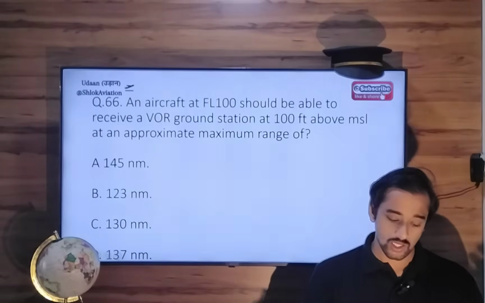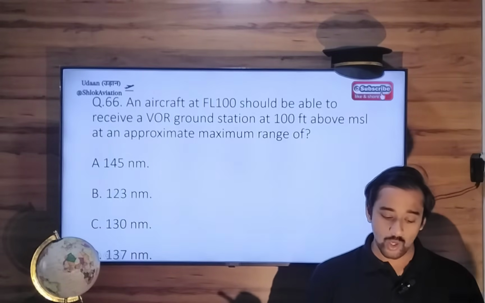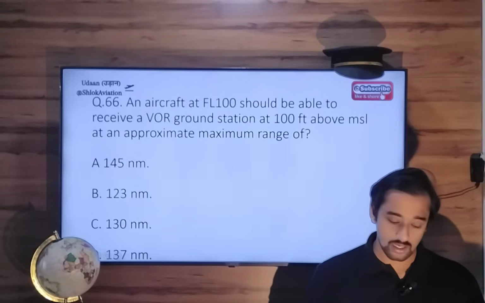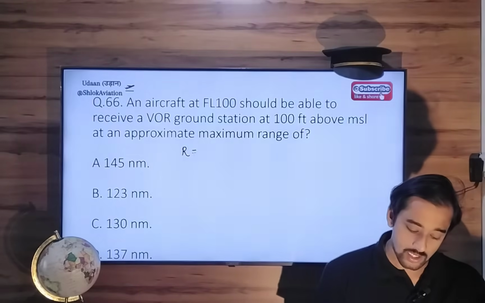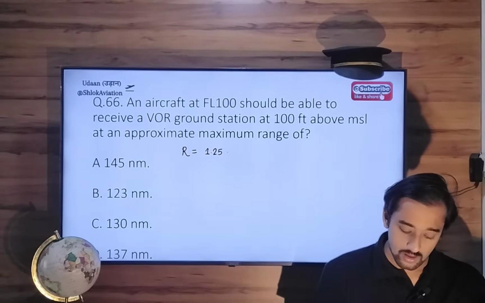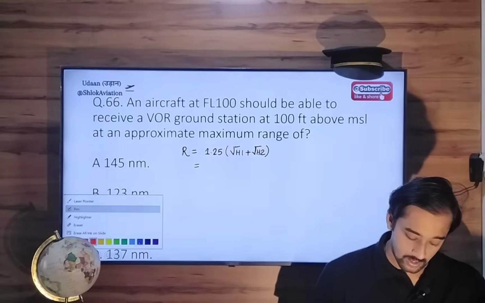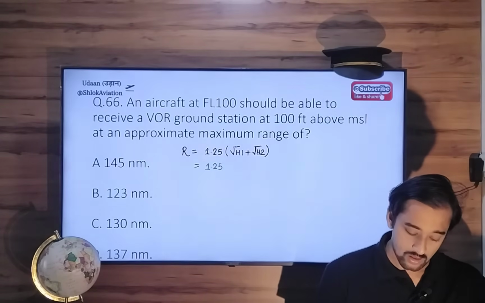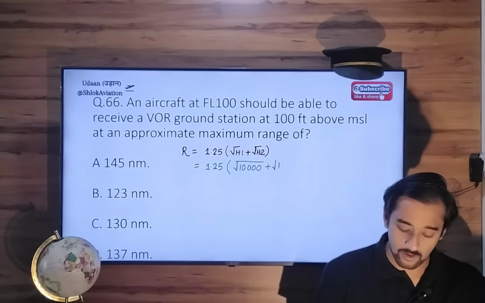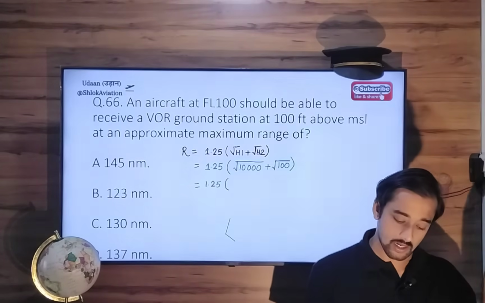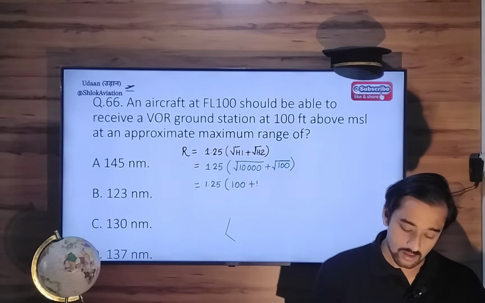Aircraft is at flight level 100, which is 10,000 feet. VOR is at 100 feet above mean sea level. What will be the maximum range? Use the formula. Maximum range is 1.25 times the square root of H1 plus the square root of H2. So 1.25 times square root of 10,000, which is 100, plus square root of 100, which is 10.